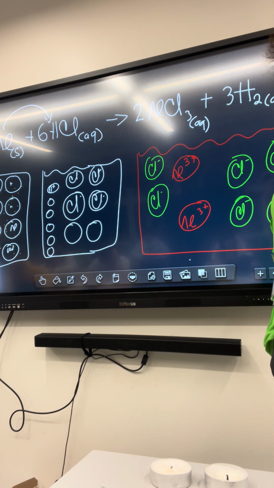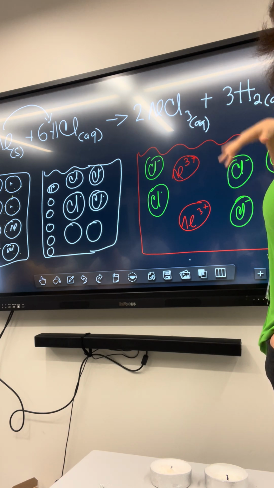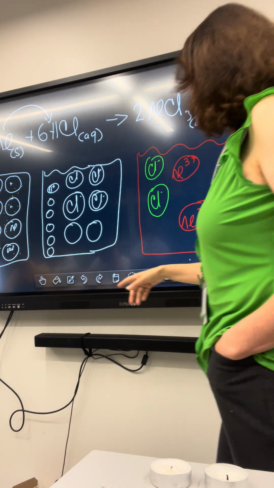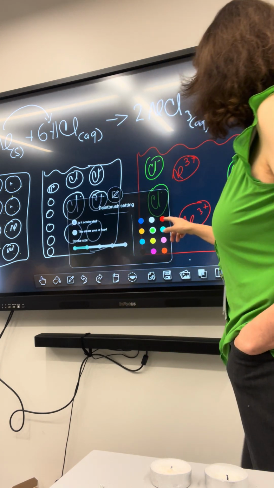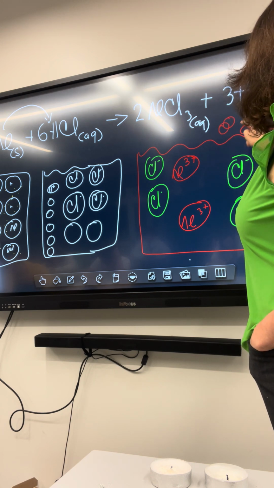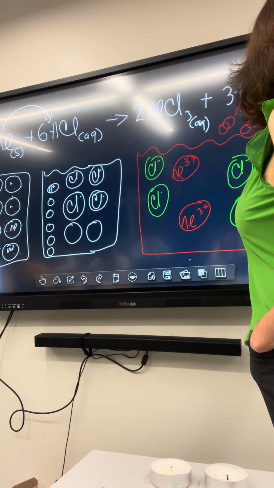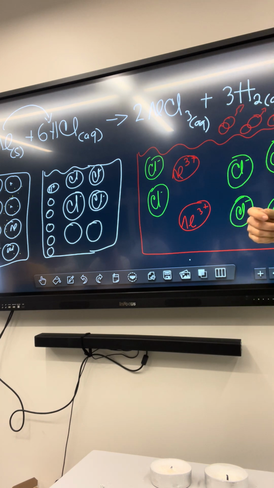That's what you have in your products. And then you have 3 hydrogens that escaped as a gas. So you're going to have the 3 hydrogens. 1, 2, and 3, and all of those escaped.